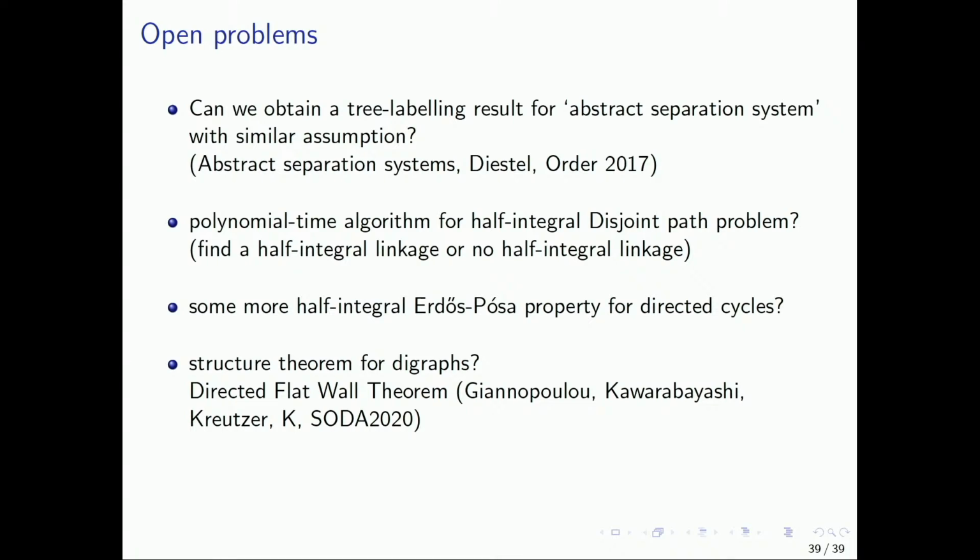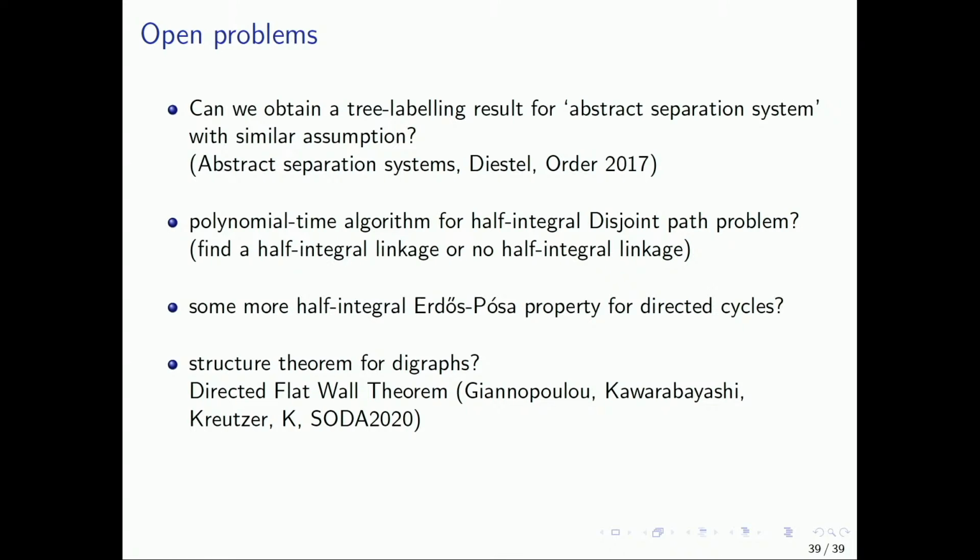Also one interesting question is that we don't know whether there is a polytime algorithm for the half-integral disjoint paths problem, so that it says either there is a half-integral linkage or that there is no half-integral linkage. And maybe some more Erdős–Pósa or half-integral Erdős–Pósa property for some variants of directed cycles.